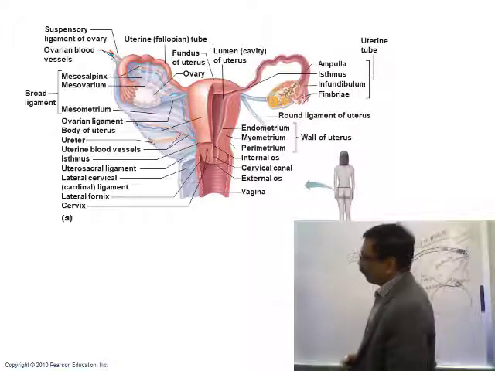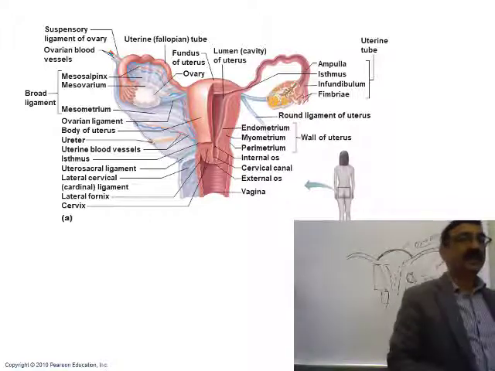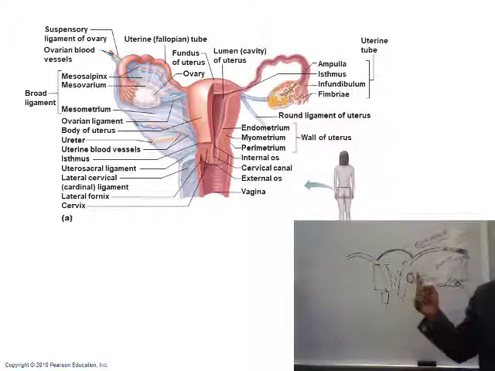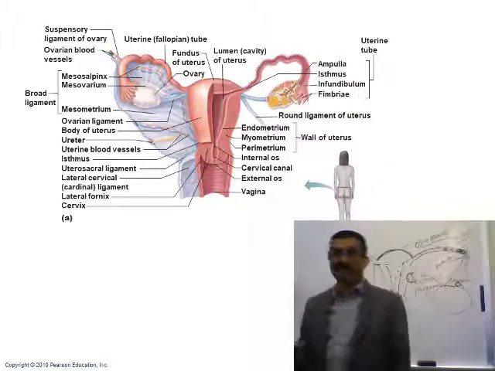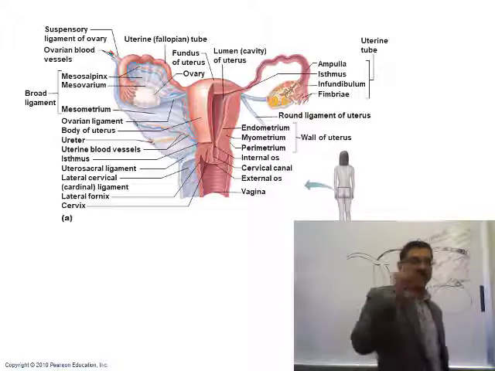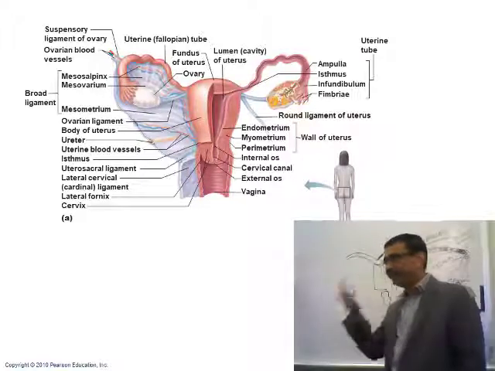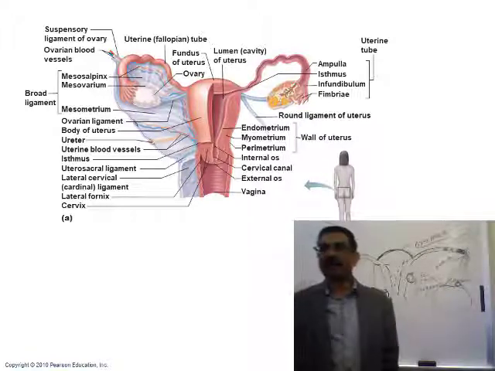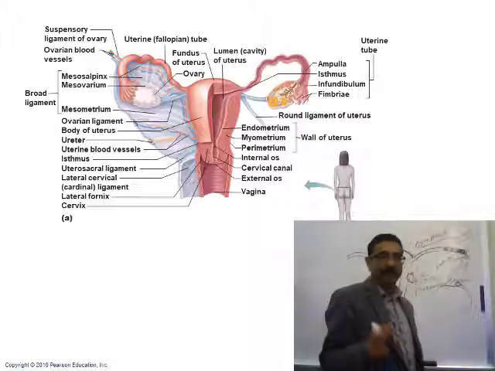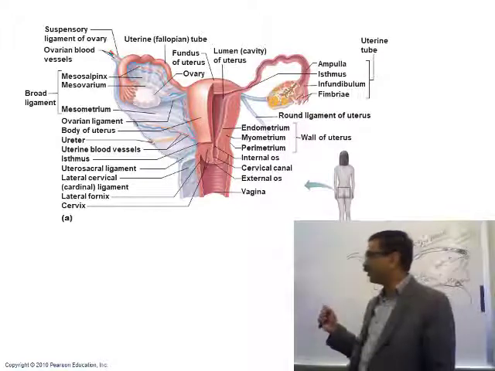And the wall of the uterus has three layers. From outside to inside, the outermost layer is the perimetrium. Peri means around, like perimeter. So the perimetrium is the outer layer, and then the middle thick layer is the myometrium. Myo means muscle.